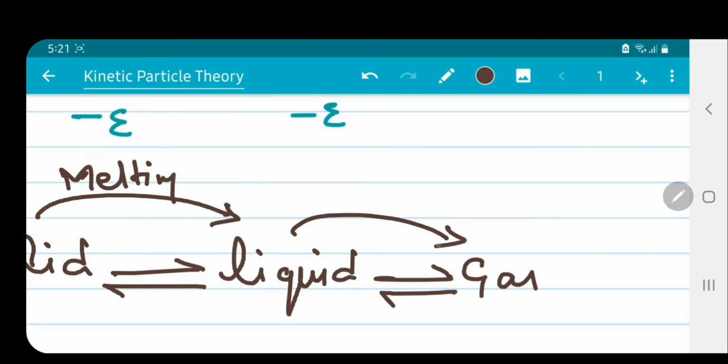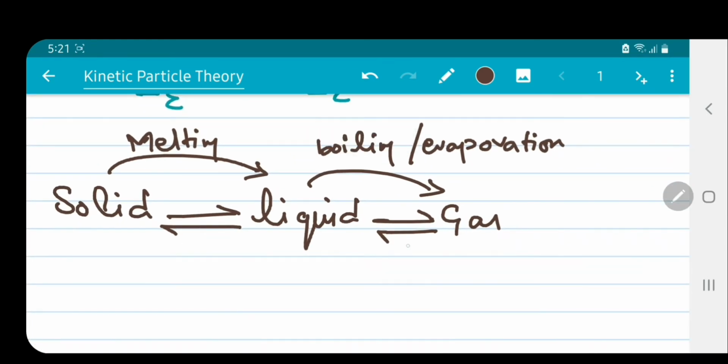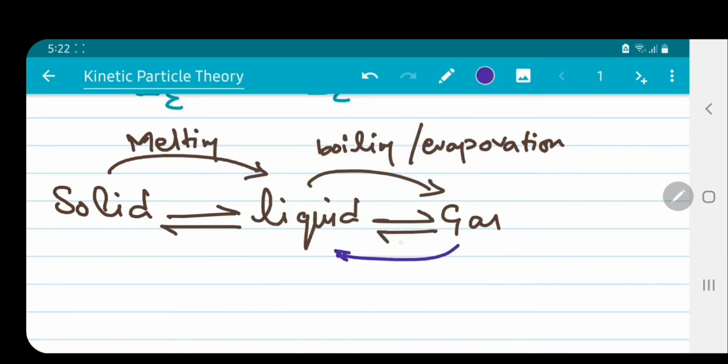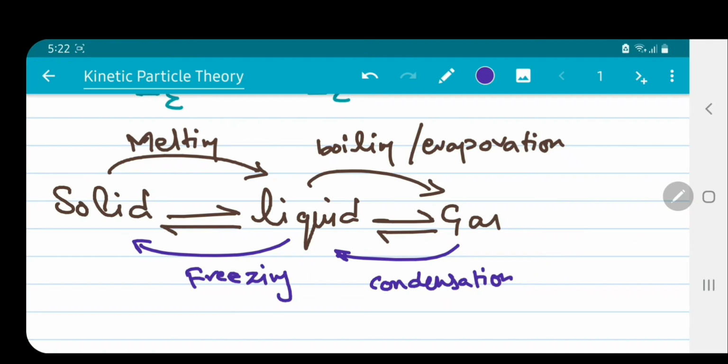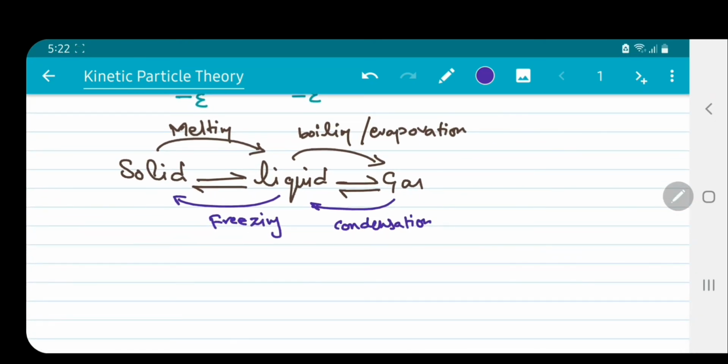From liquid to gas, we are actually boiling, or another word for boiling is evaporation. Well, there's a difference between them. We will be moving on, and then we will be sharing further. For converting gas to a liquid, the process is called condensation, and for liquid to solid, it's called freezing. These are the typical words for the processes that are usually asked by the examiner.